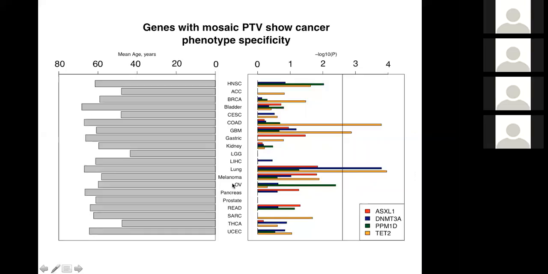So the story that I've shown you with the Ruark paper about the association of breast and ovarian cancer and PPM1D mosaic protein truncating variants. We actually see that in ovarian cancer, we would have a burden only of PPM1D mutations, but not the other ones. So it's a very specific gene to cancer phenotype association.